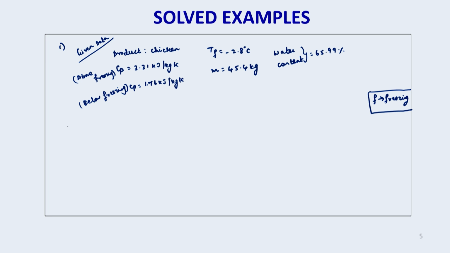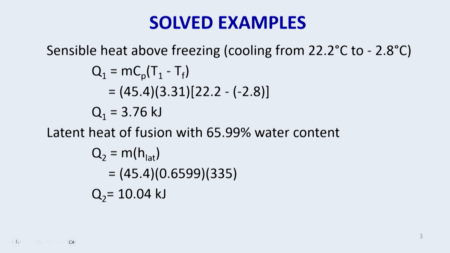So the first one is sensible heat above freezing. That is Q1. Q1 is equal to M Cp delta T, assuming that the products are arriving in bulk.